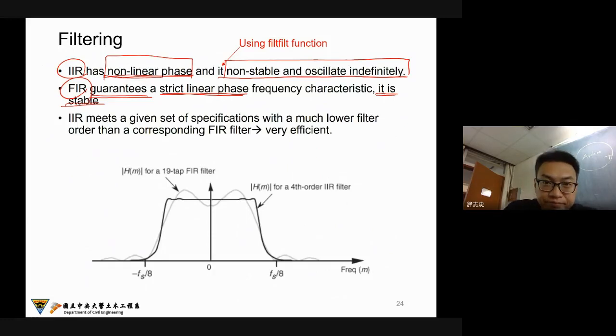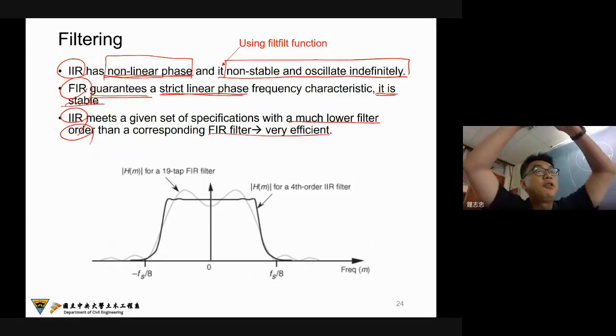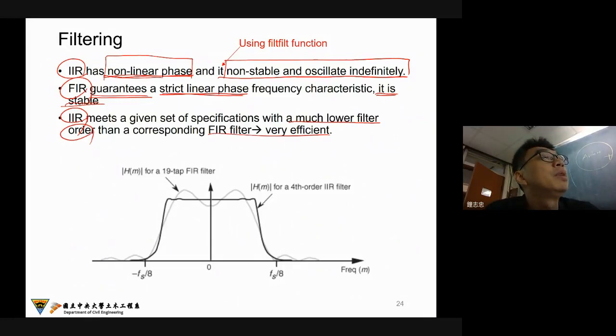But however, if you use the IIR, sometimes you may need a much lower filter order than the FIR if you try to get a very perfect response. Sometimes in the FIR, you may need several orders to make this perfect filter, because this is a very simple calculation procedure, so you need maybe several orders to get the same result compared to the IIR.